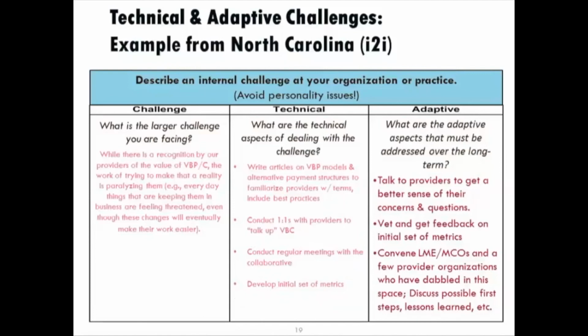Well, I think in a lot of ways, as you said, and as Ann is indicating, in some ways the technical and the adaptive kind of brush up against each other, because in our collaborative meetings, in the context of the technical conversations, there's a whole lot of conversation that's occurring around what has felt comfortable for some of these providers, what's worked for other providers, how did you get through that part of it, why did you do it that way, what did you do when you got stuck, who did you talk to in your community?